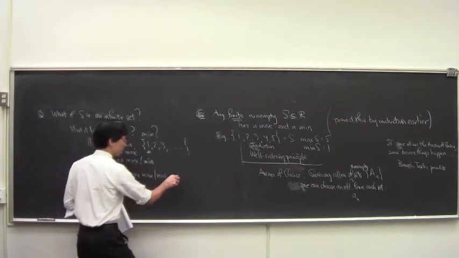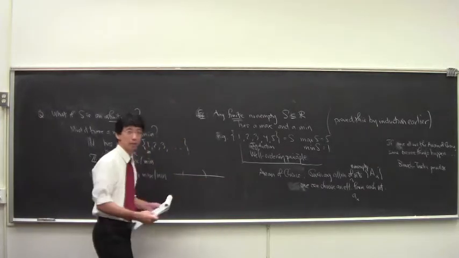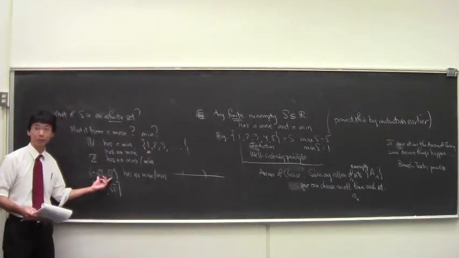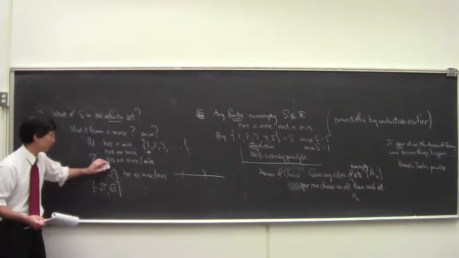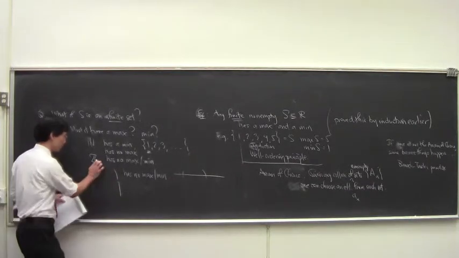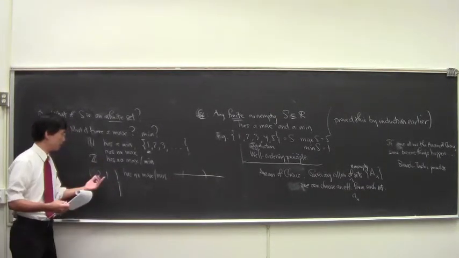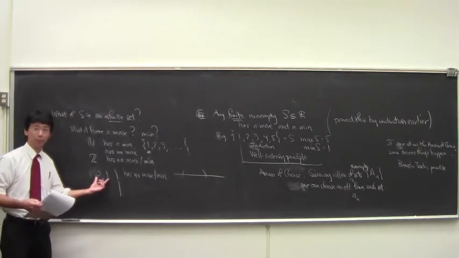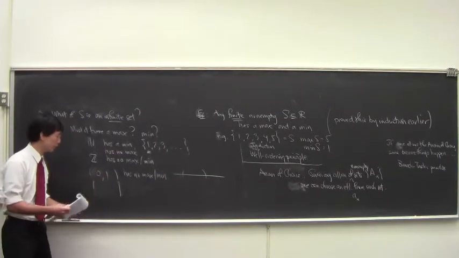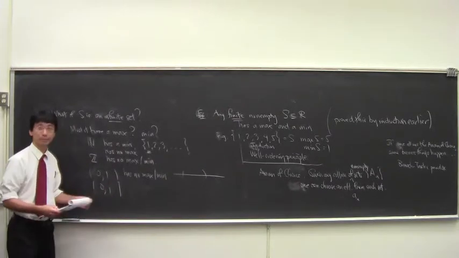The point is that if you have an open set, we don't have to use root 2s or anything. We could use 0, 1. The fact that the endpoints are irrational is not necessary.